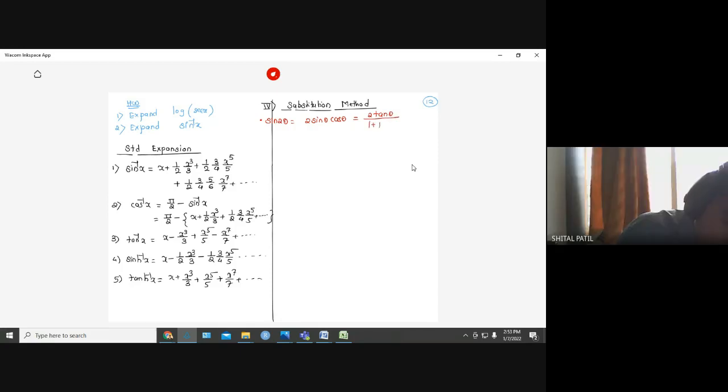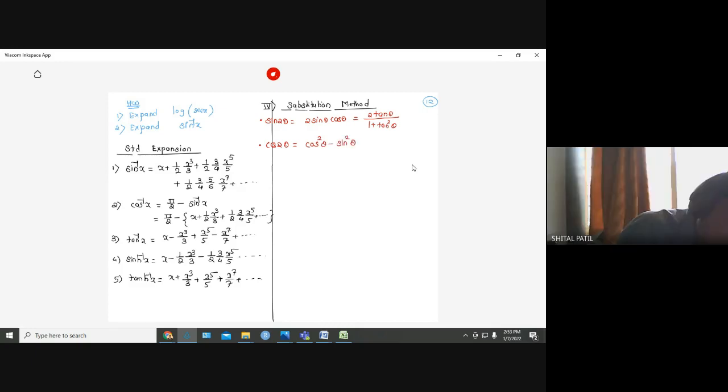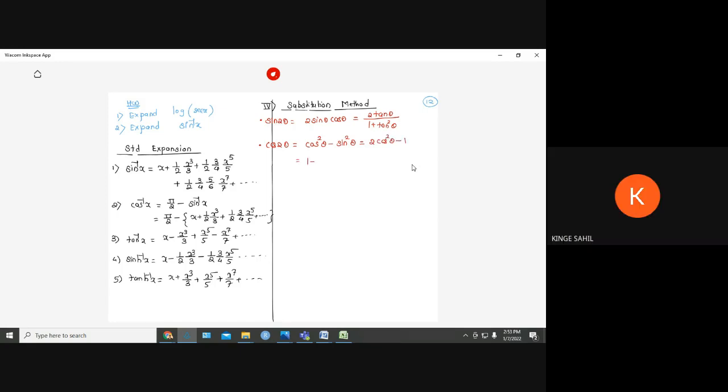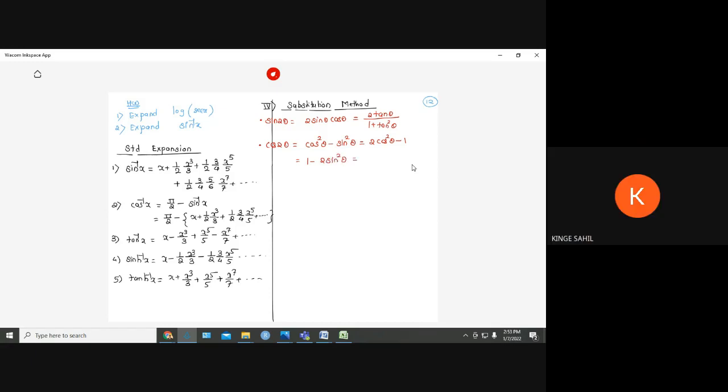Cos 2 theta is 2 cos square theta minus 1, or cos square theta minus sin square theta, or 1 minus 2 sin square theta. In terms of tan, it is 1 minus tan square theta upon 1 plus tan square theta.